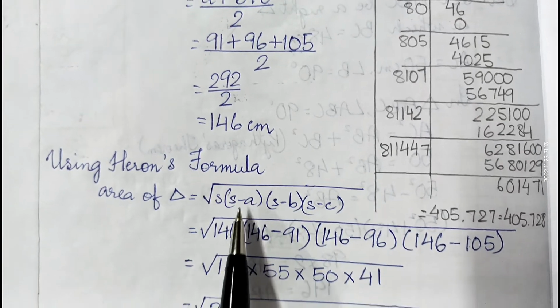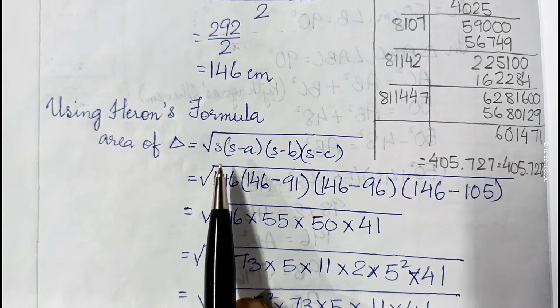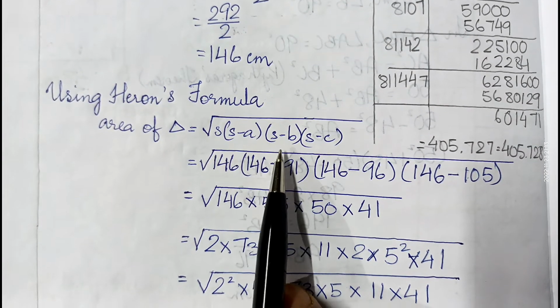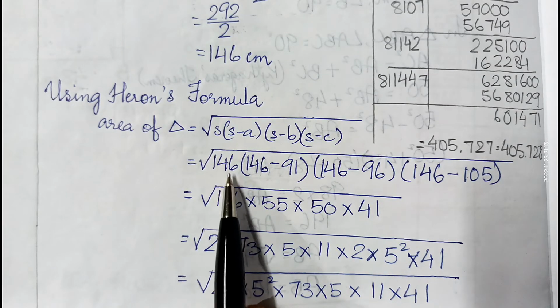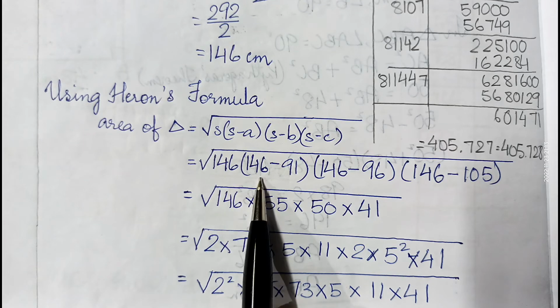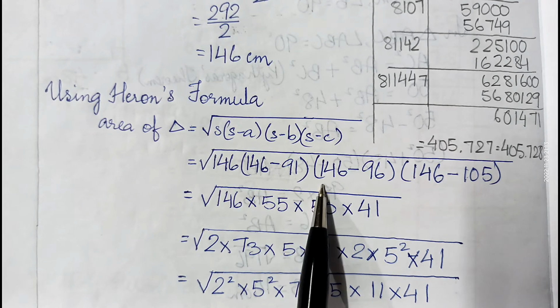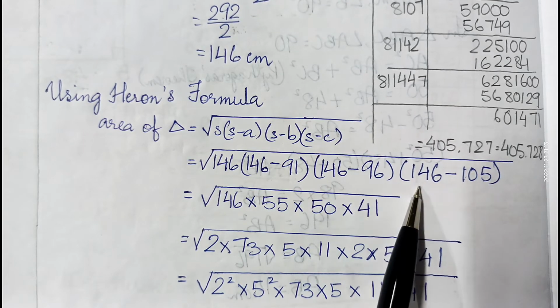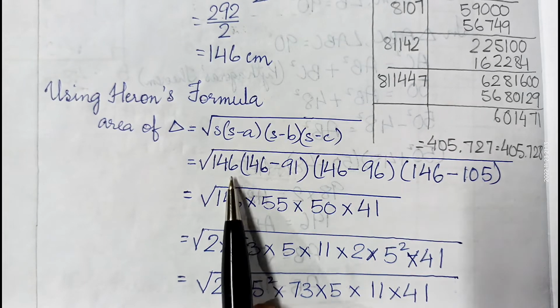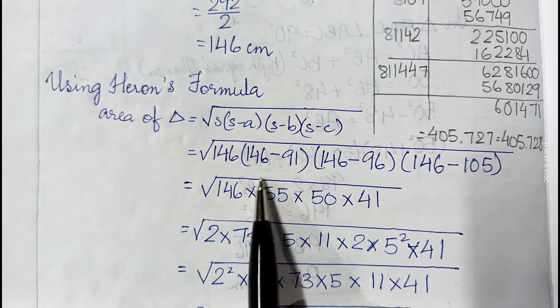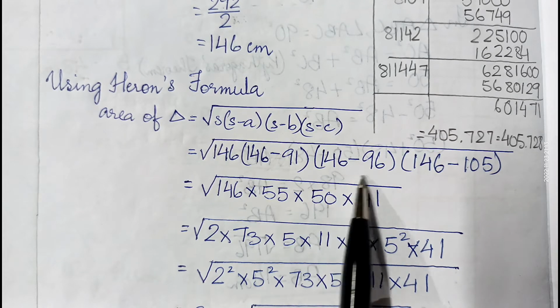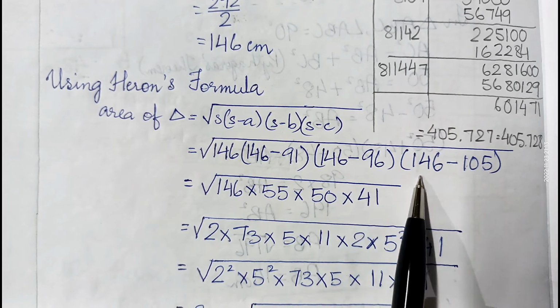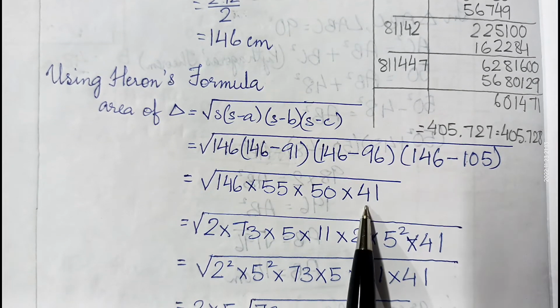Now from Heron's formula we know area of the triangle is root over S, S minus A, S minus B, S minus C. S we got 146. So it will be 146 into 146 minus 91, 146 minus 96 and 146 minus 105. 146 minus 91 will be 55 into 146 minus 96 will be 50 and 146 minus 105 will be 41.